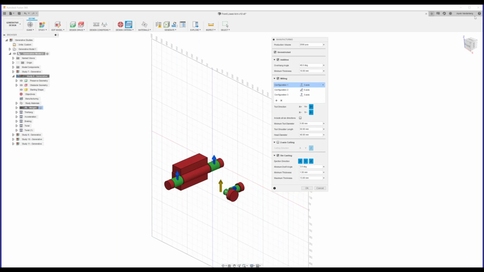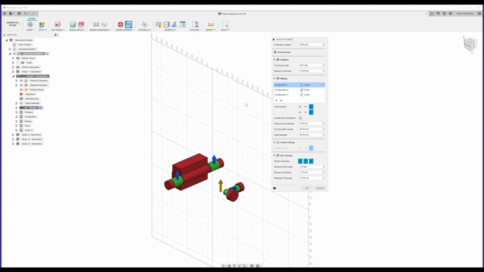Was there a specific question that you had around those manufacturing options? No? Okay. Anybody else?